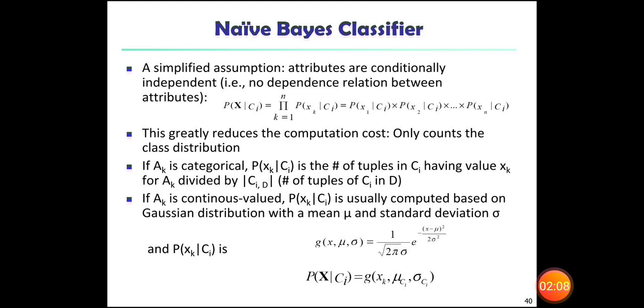The Gaussian distribution is defined as g of x, mu, sigma equal to 1 by root of 2 pi sigma times e to the power of minus (x minus mu) whole square divided by 2 sigma square. And P of xk given Ci is defined as g of xk, mu Ci, sigma Ci.